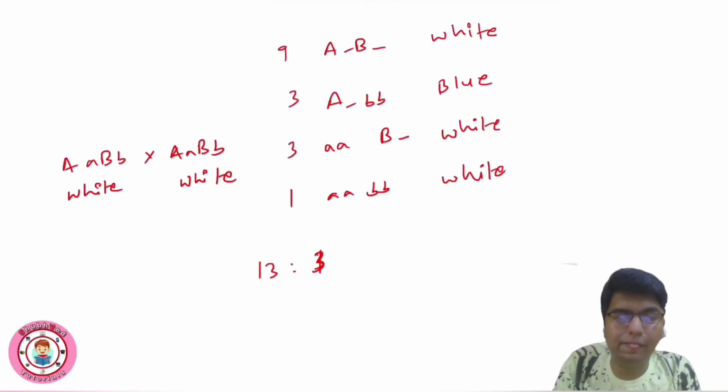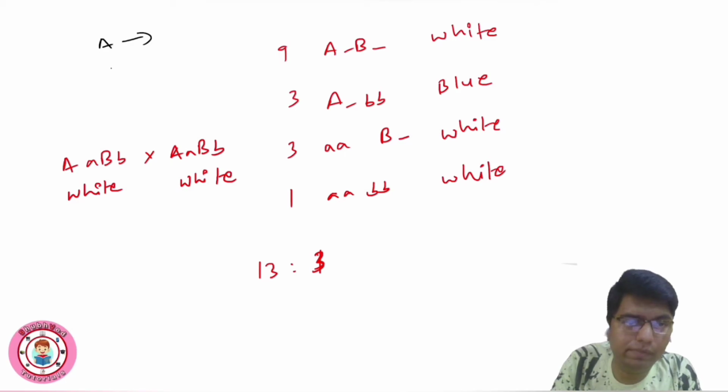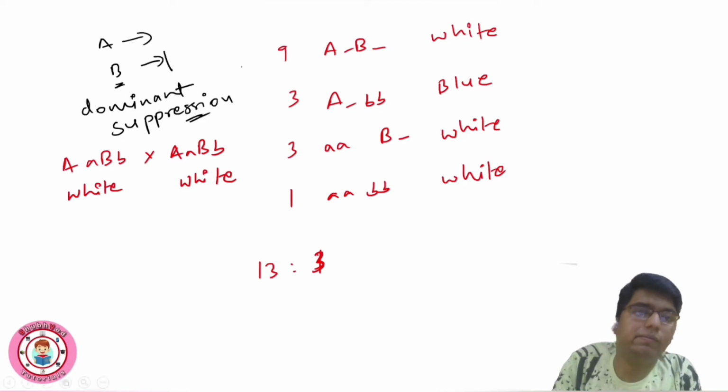One thing to note here is that B is suppressing. A is active and B will suppress. So this is also known as dominant suppression, because one dominant gene is suppressing the other dominant gene.